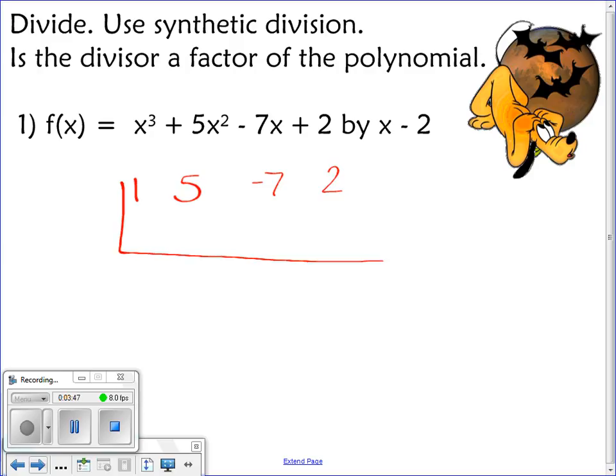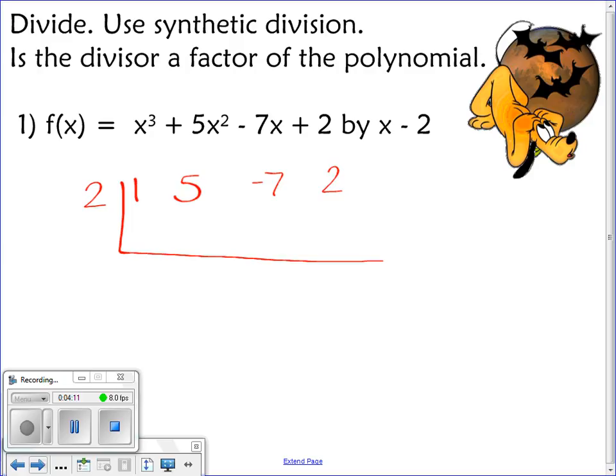Again, no whining, no complaining, just hang with me. You'll like this once you see it. I drew it. Stop working ahead. I told you this is totally different. We are dividing by x minus 2. So what would be the answer to x minus 2 if I set it equal to 0 and solved it? It'd be 2.